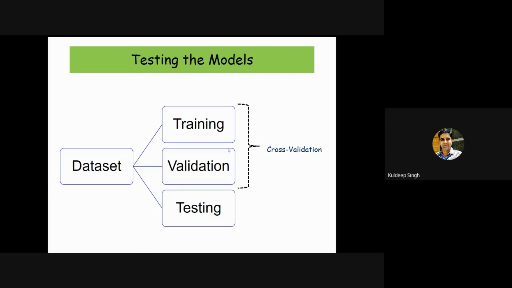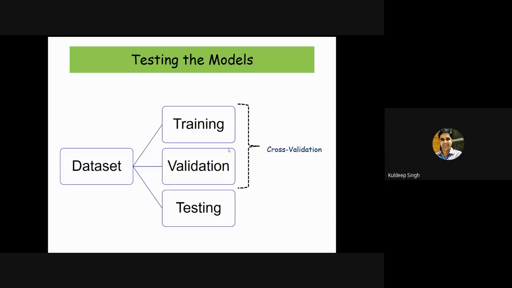Sometimes we use the cross-validation methodology to have a better training framework. In cross-validation, we divide the training and validation sets into small portions, and we iteratively use different sets of these small portions for training the model and validation of the model.